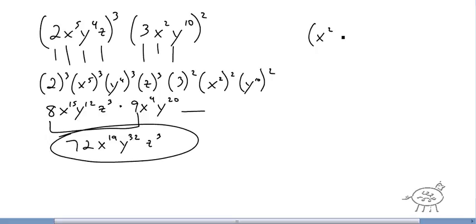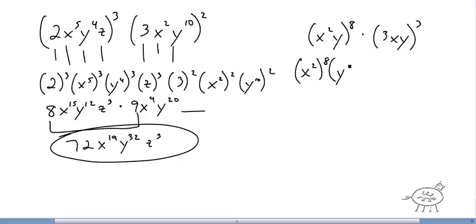Okay, so let's just do one more over here. X squared y to the 8th power times 3x y to the 3rd power. Okay, well, we have x squared to the 8th, y to the 8th, times 3 cubed, x cubed, y cubed.